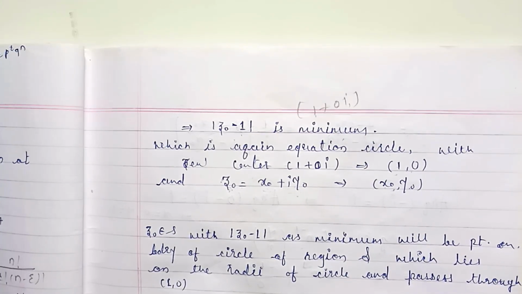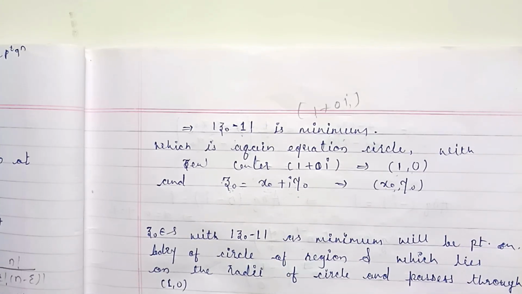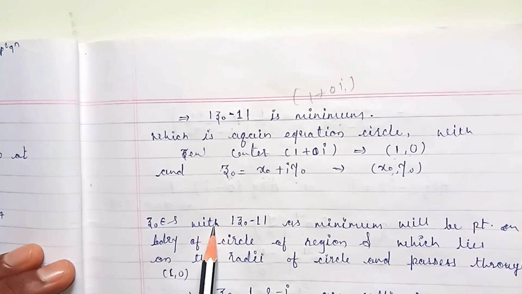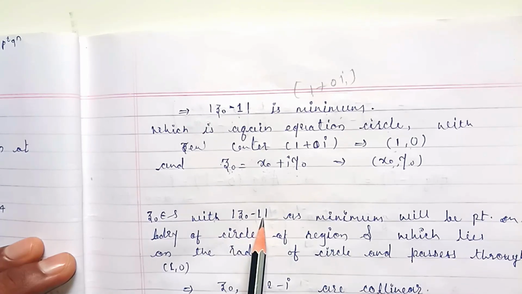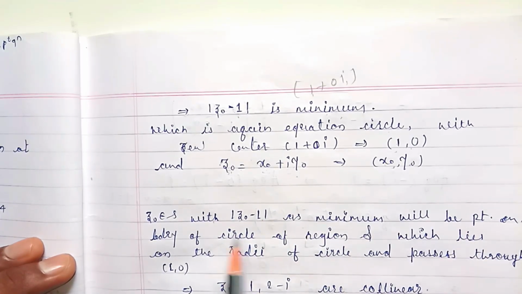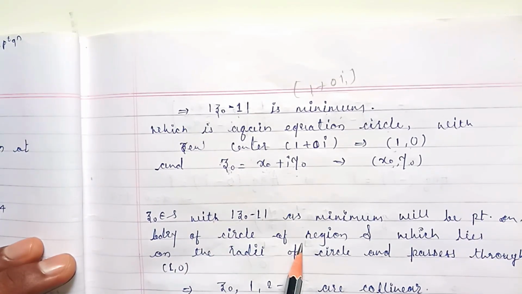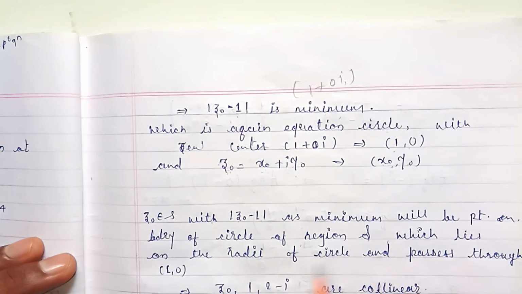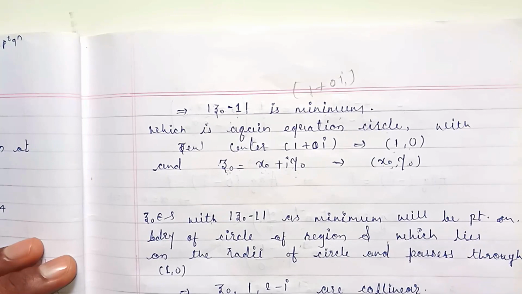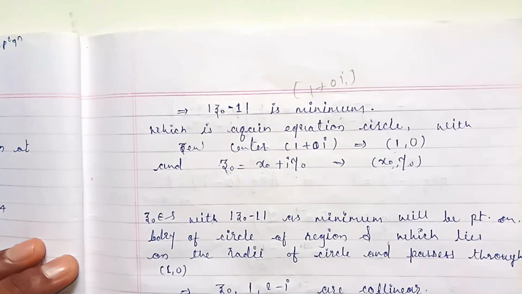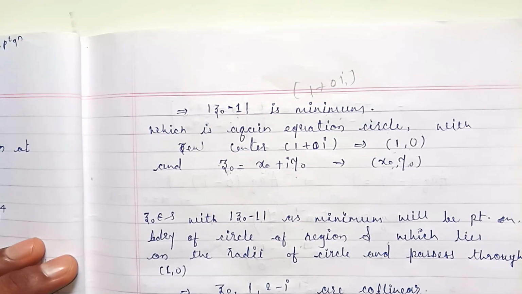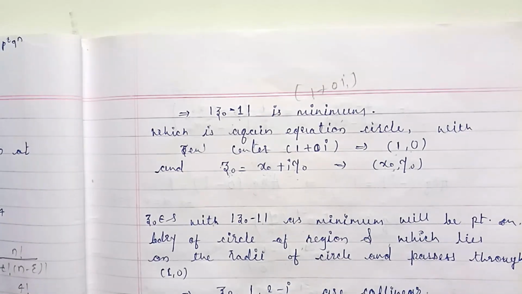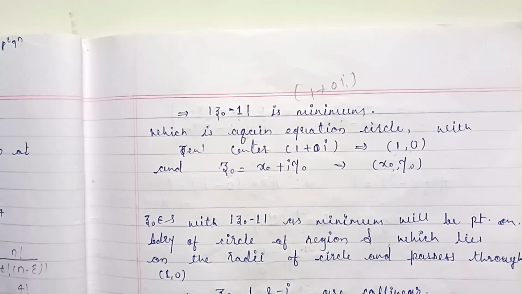One more condition is that we are given z0 belongs to S, with |z0 minus 1| as a minimum value at a point on the boundary of the circle of region S, which lies on a radius of the circle and passes through (1, 0). So for this, we have these 3 points which are not crossing each other, which means they are collinear.